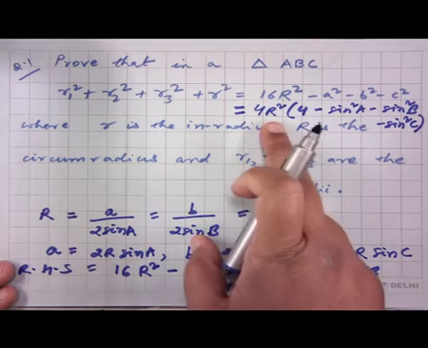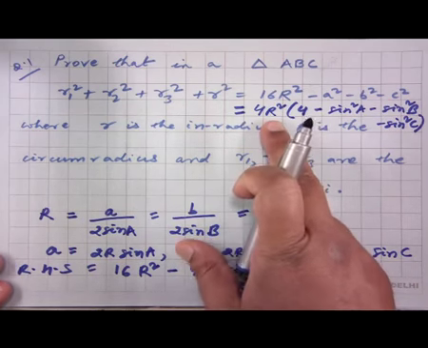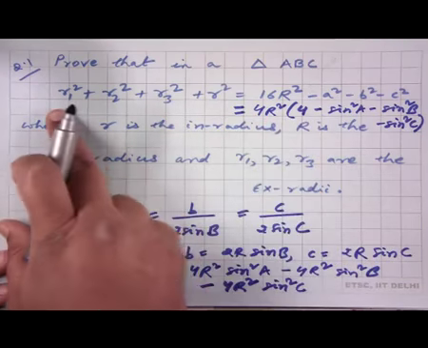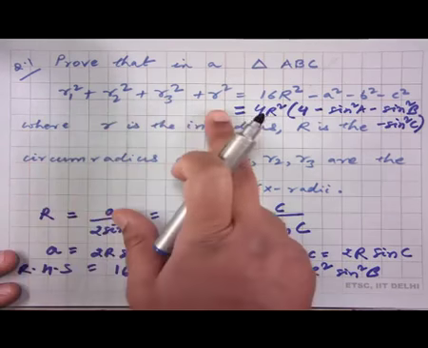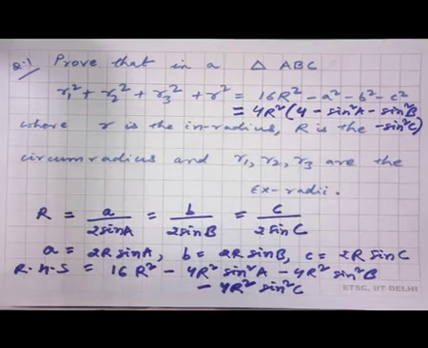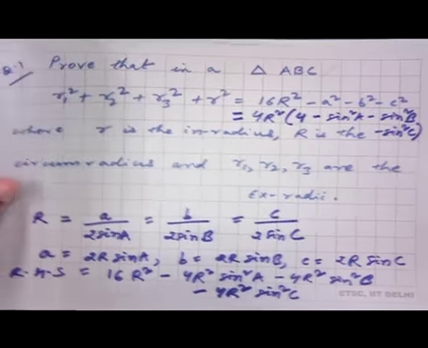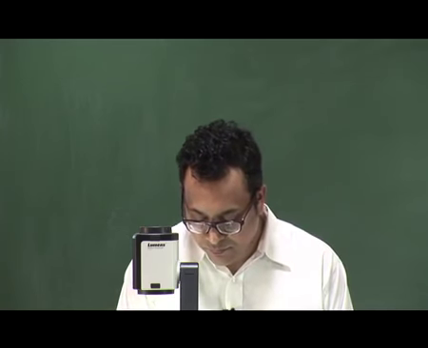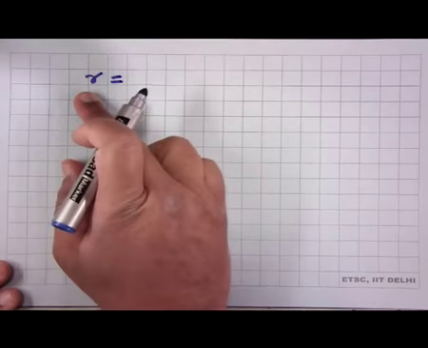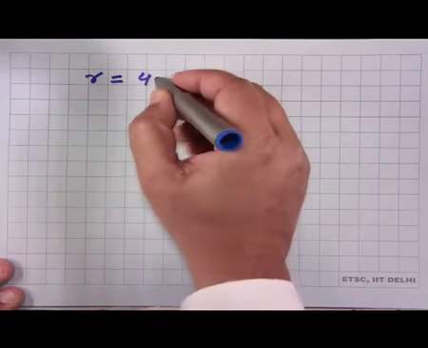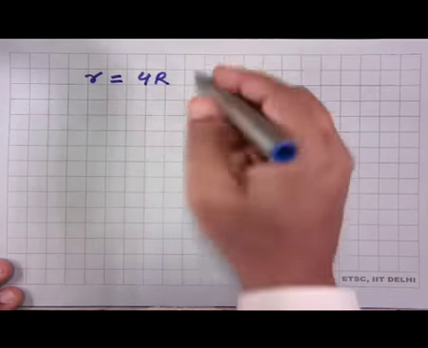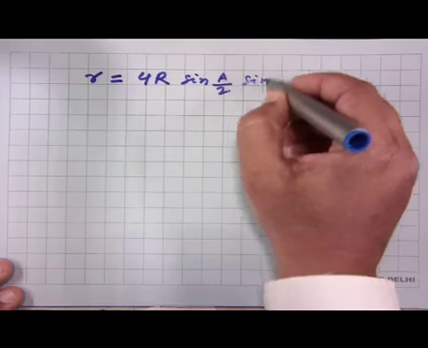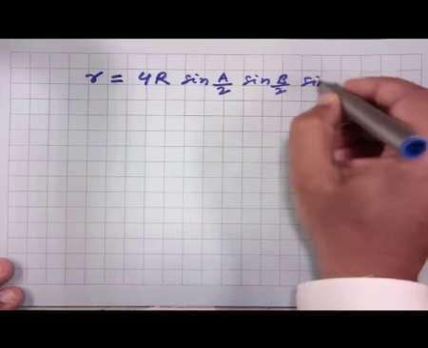Now that we have the square of the circumradius on the right hand side, we should do something to have the square of the circumradius on the left hand side also. If we go in that direction, we already know that the inradius of the triangle ABC is equal to 4 times the circumradius times the product of the sines of the half angles of the triangle.